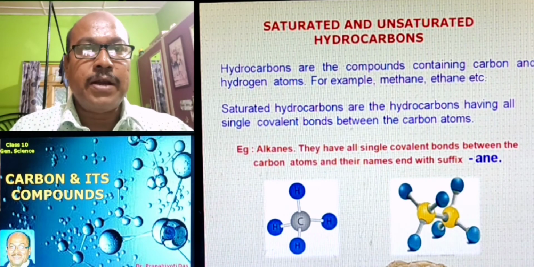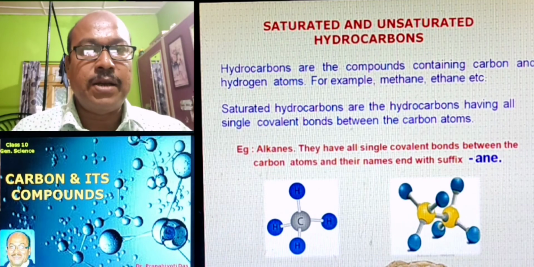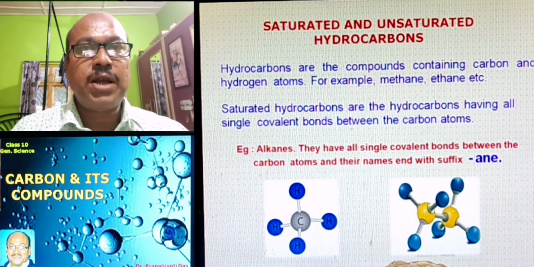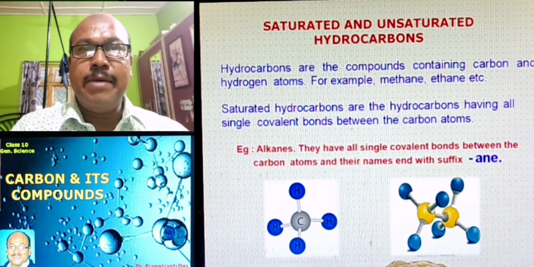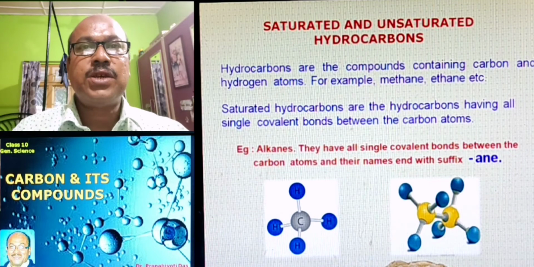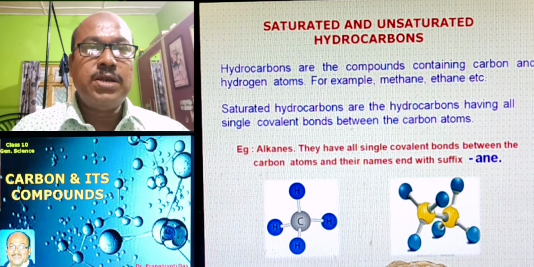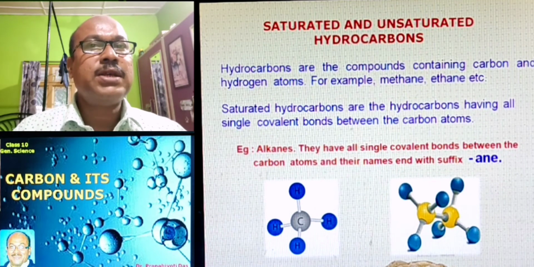Ethane, propane, butane, hexane, heptane, octane, all these compounds belong to saturated hydrocarbons, and since these saturated hydrocarbons have ane as a suffix in their name, we can very easily understand by just hearing or reading the name whether it is saturated or unsaturated. All these saturated hydrocarbons are called alkanes.